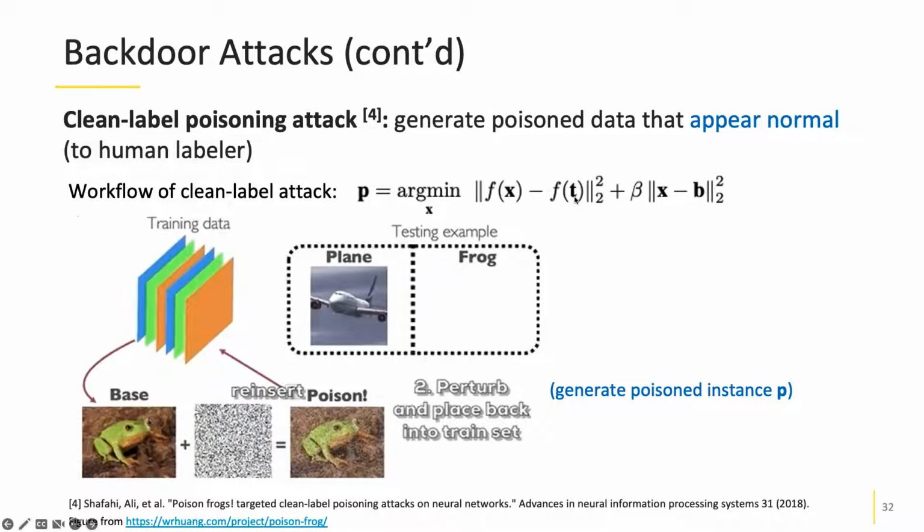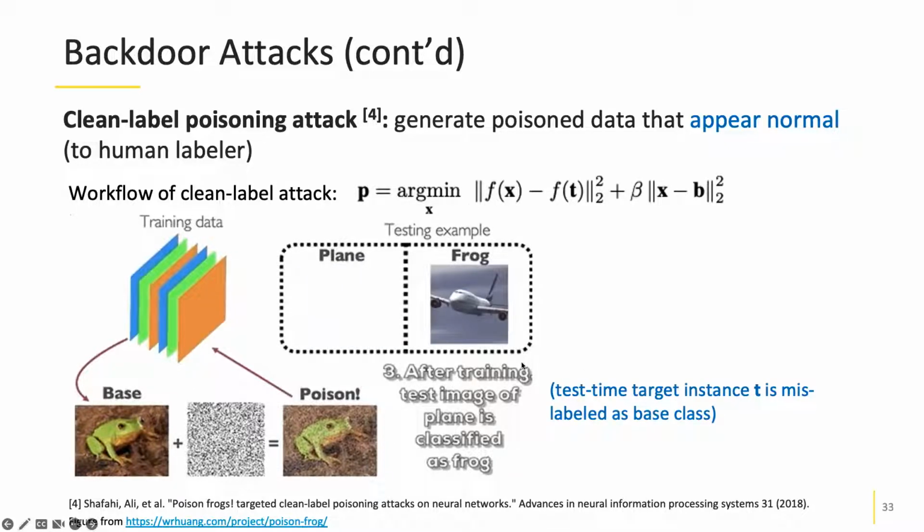And then another criterion enforced on the poisoned image is that the poisoned instance has a very high similarity with the features obtained by the target instance. And this optimization problem, we summarize it in the equation here. So basically the poisoned instance is obtained by solving this optimization problem.